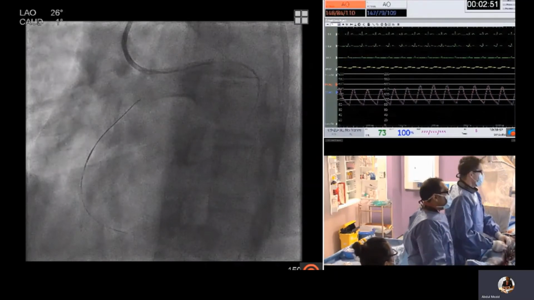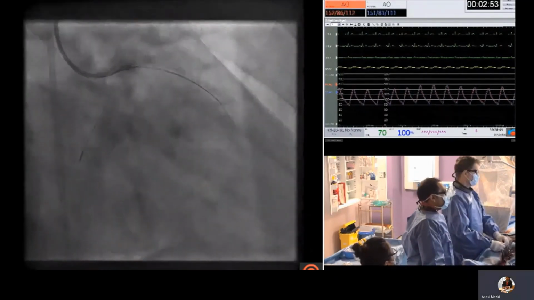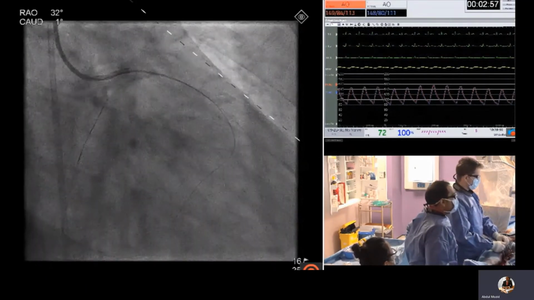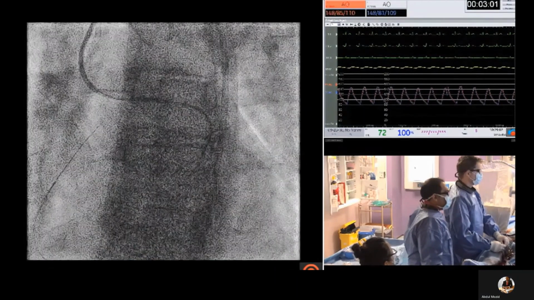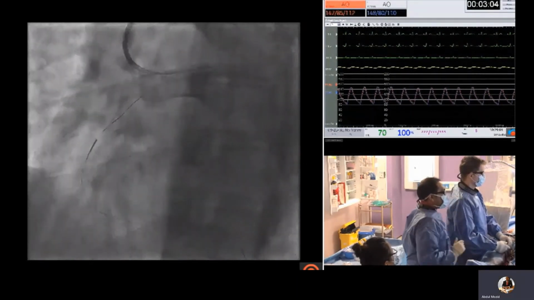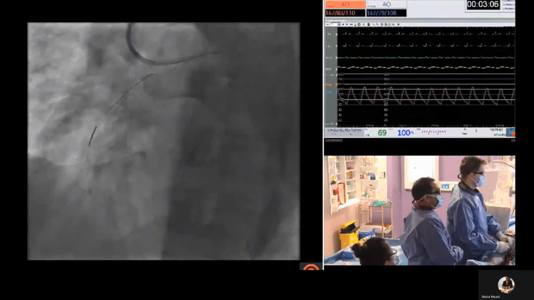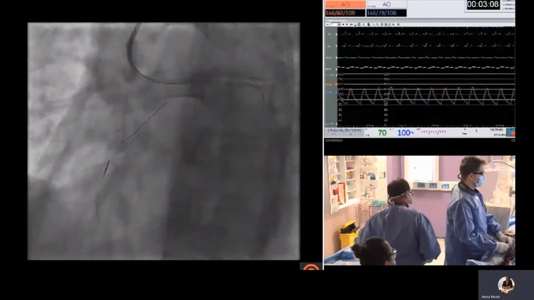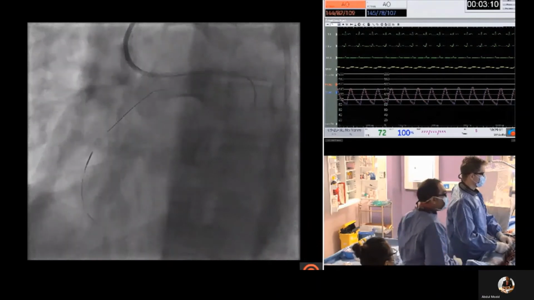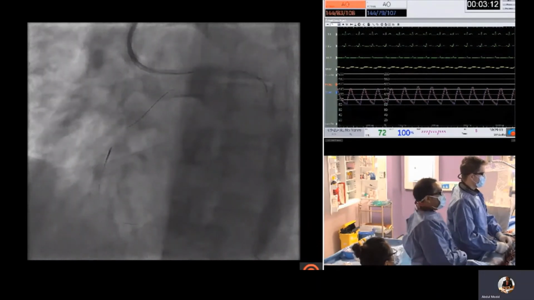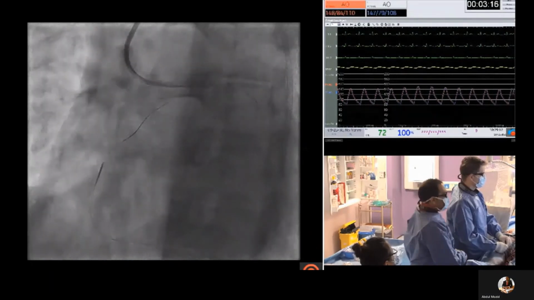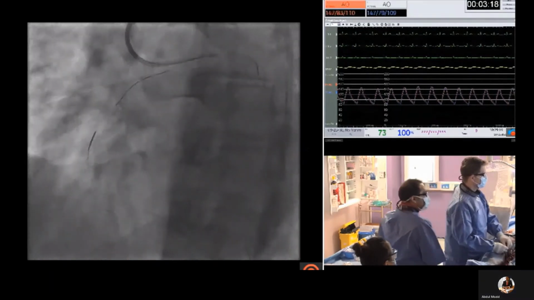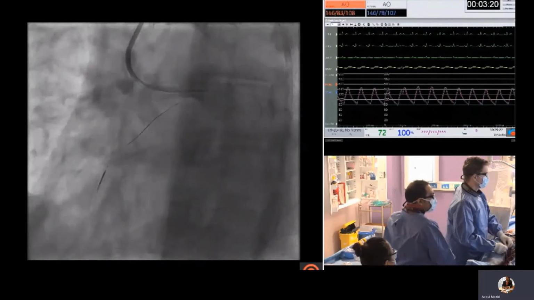I'm just checking the RAO view that we're happy. This looks good. And here we are again, just drilling with the Pilot 200. And we are nearing the likely ostium.